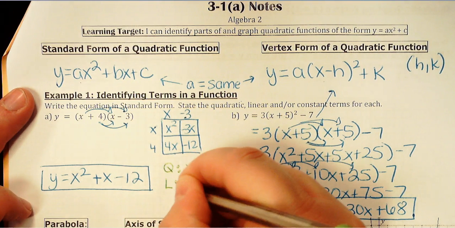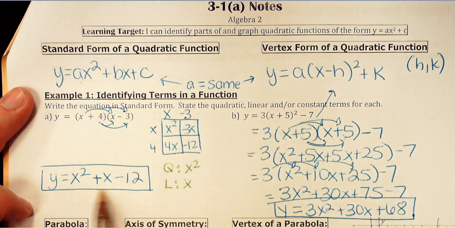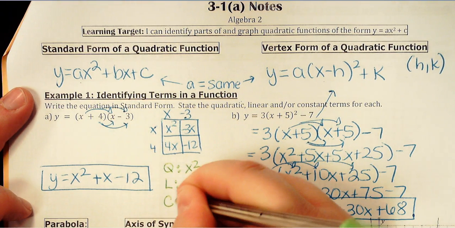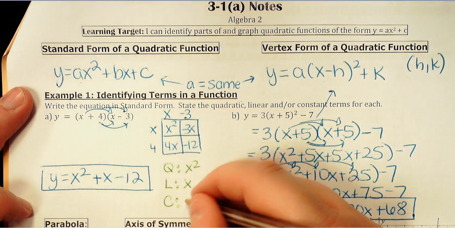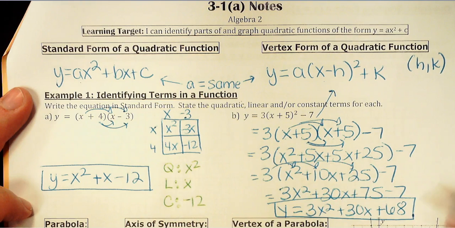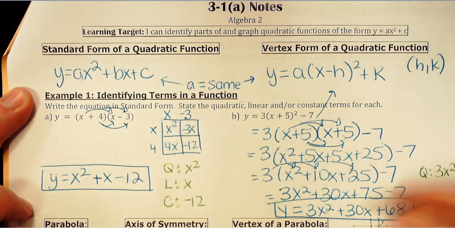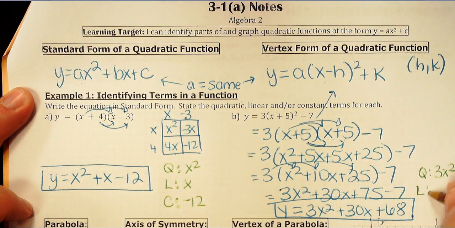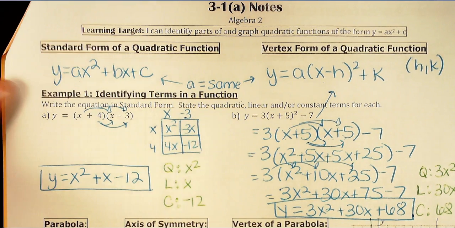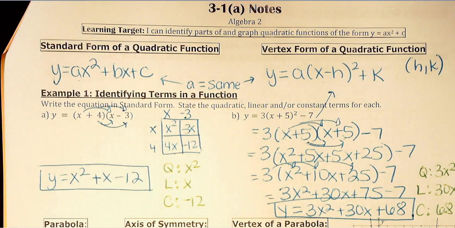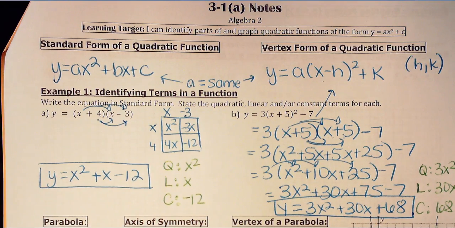The linear term is with your x, so just 1x here, and your constant is your plain number, so for this example, it would be negative 12. Now, over here, quadratic is going to be the squared term, so 3x squared. Linear term is the plain x, so 30x, and then your constant here is any plain number, and that's 68. So if you're asked to identify the different types of terms, that's what's going on there.